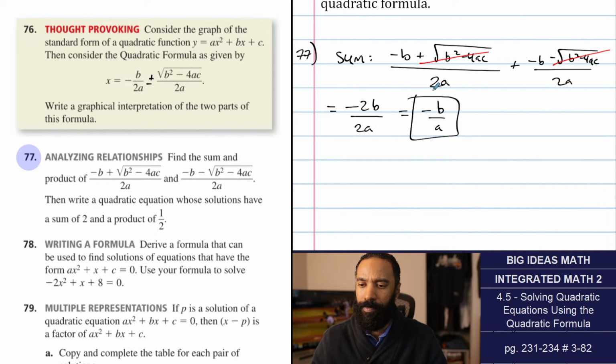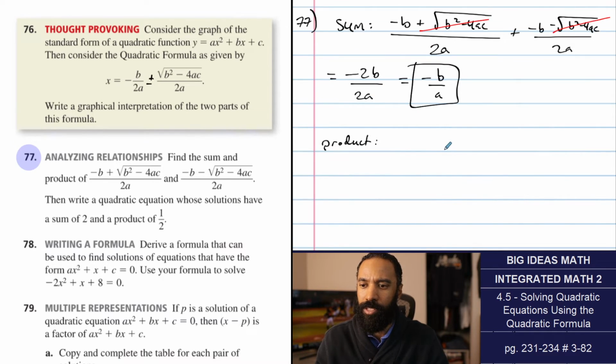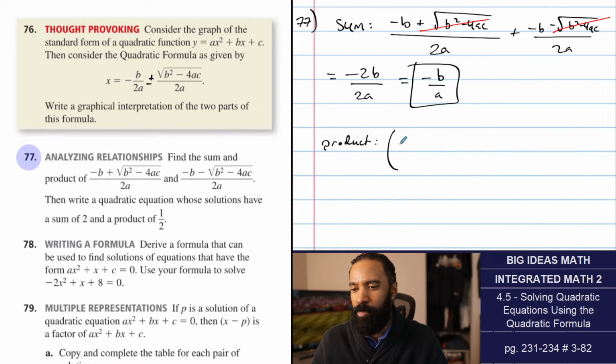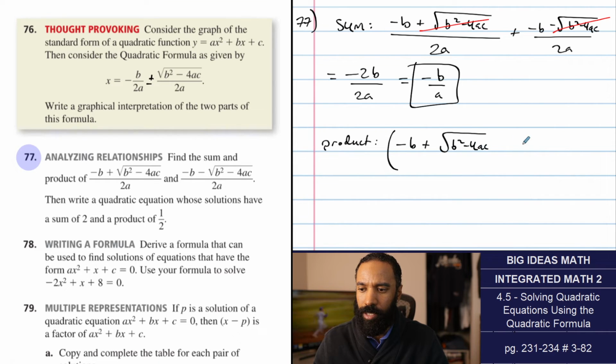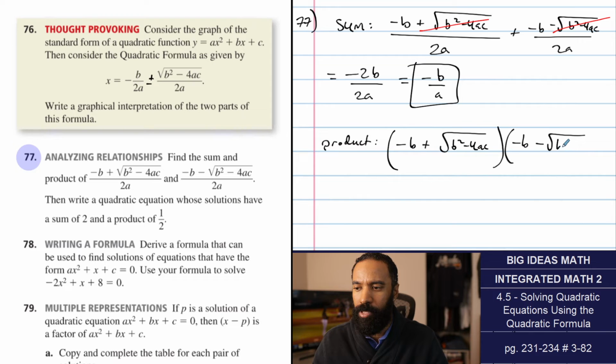So that's the sum. The product is, listen, we have a difference of two squares. Well, this is negative b plus the square root of this times negative b minus the square root of this. Now, the bottom works separately, as in we multiply the bottom part separately, 2a over 2a.